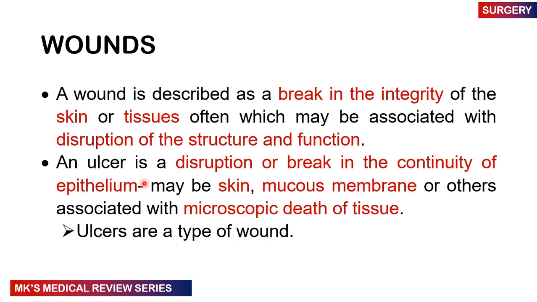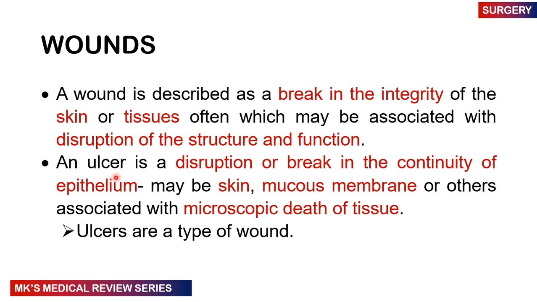So what exactly is a wound? There are two things that I want you to be able to distinguish: a wound from an ulcer. Recall that a wound is a break in the integrity of skin and tissue, often associated with disruption of structure and function. Notice how in my definition, I'm not saying a wound is a wound. It's a break in the integrity of the skin or tissues, often associated with disruption in structure and function.